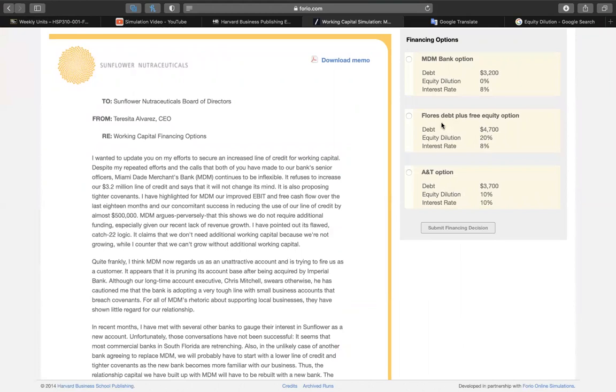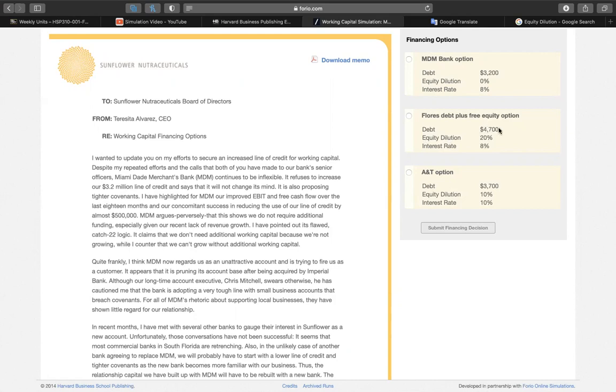I would have chosen the foreign debt plus equity option because it has equity dilution, which is also known as stock dilution, of 20%. The interest rate is not as high as the other option.